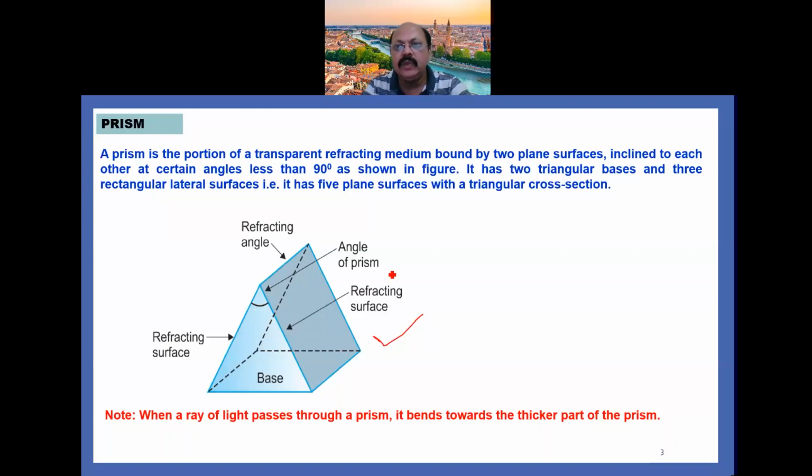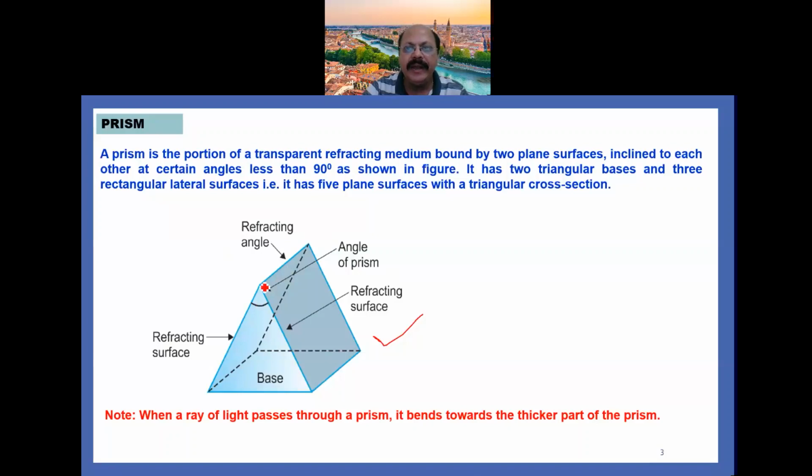It has two triangular bases and three rectangular lateral surfaces. That is, it has five plane surfaces with a triangular cross section. You can see here what we are saying.